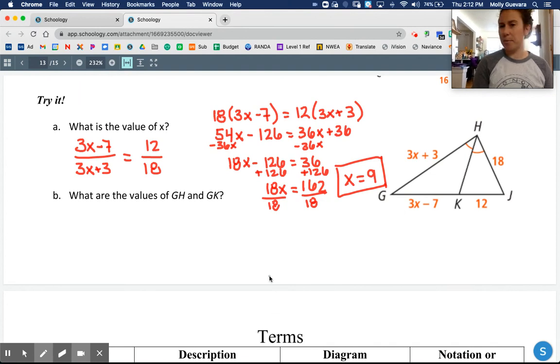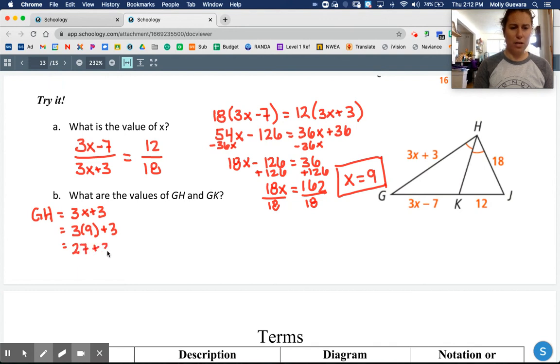I just set up the proportion and solve. Then it says, what is the value of GH? So GH is equal to 3x plus 3, which is 3 times 9 plus 3, which is 27 plus 3. So GH is equal to 30 units.